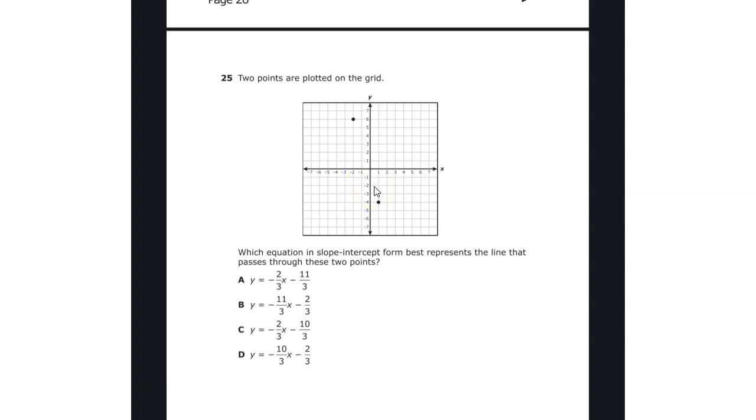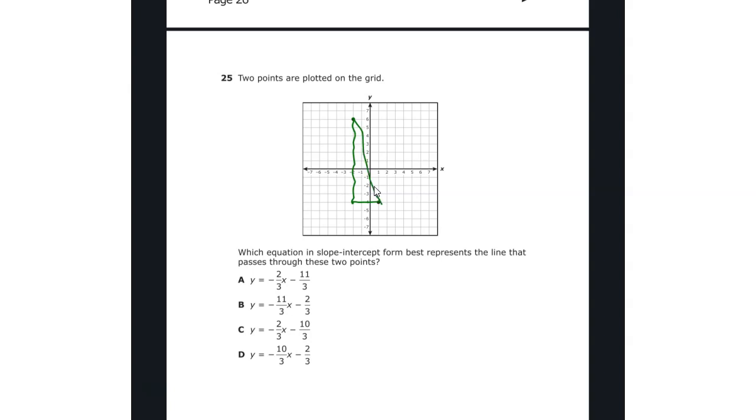So number 25, 2 points are plotted on the grid. Which equation in slope-intercept form best represents the line that passes through these 2 points? So we're going to start with finding the slope. So let's go this way, that way, and then we can come down this way.